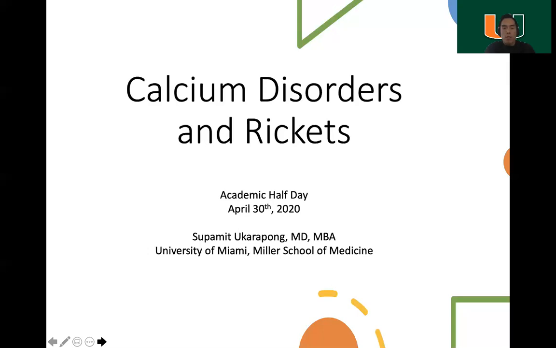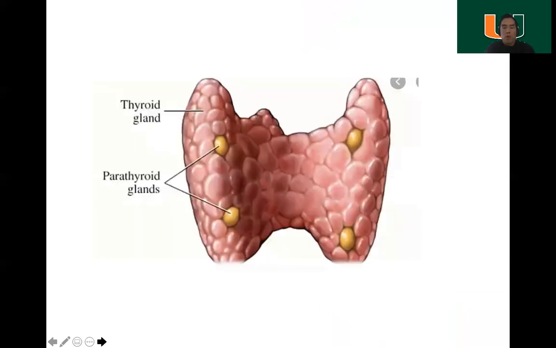case of hypocalcemia. As you remember, there are 4 parathyroid glands at the back of the thyroid, right? And they are derived from 2 embryonic origins, the 3rd and the 4th pharyngeal arch. This is the reason why parathyroid glands have such a high reserve.